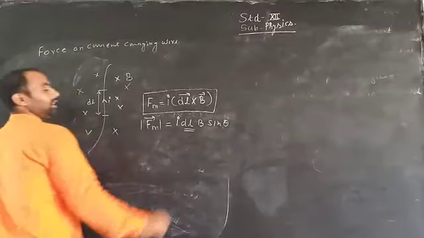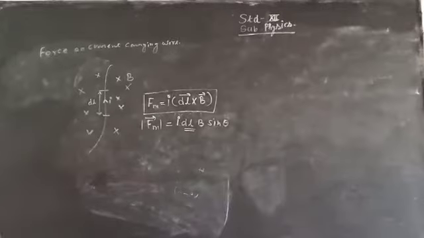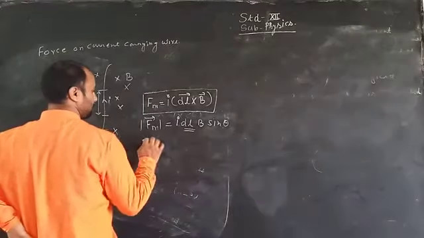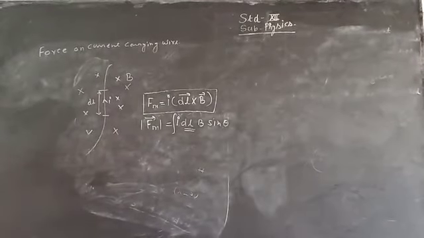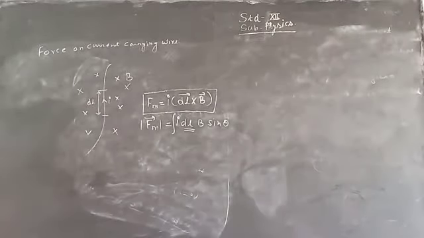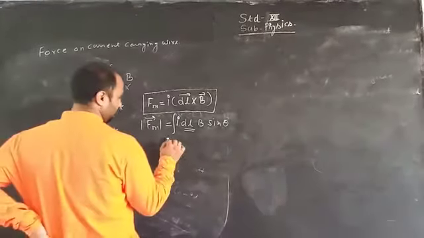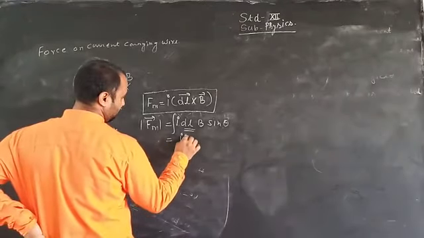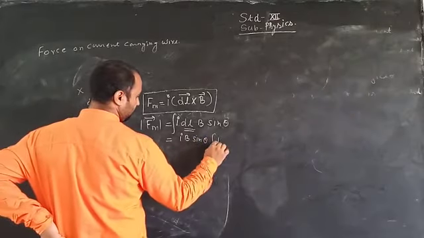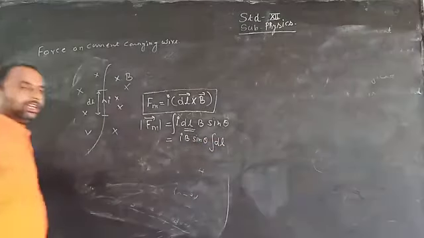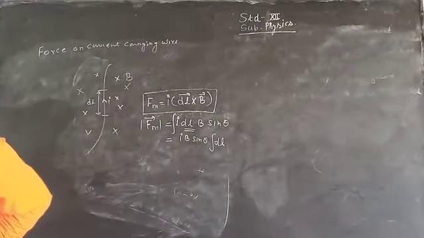Now, if dl is a small value, because this formula is for the differential element, then we have to integrate this formula. We have to see what constants we take outside, and integration of dl.